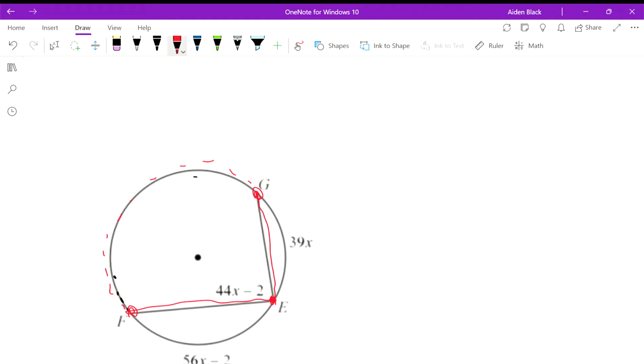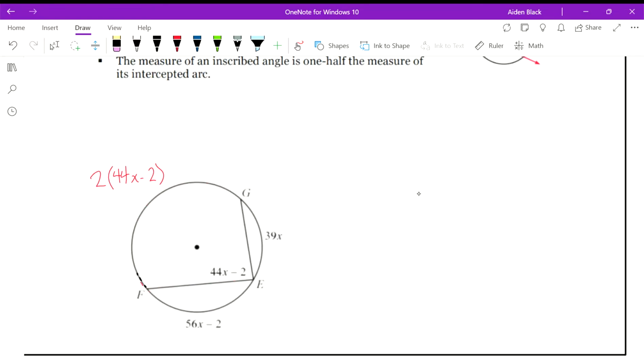Well, the intercepted arc is 2 times the measure of that inscribed angle. So in this case, you'd have 2 times 44x minus 2. That would be the measure of arc FG, which would be 2 times that measure.